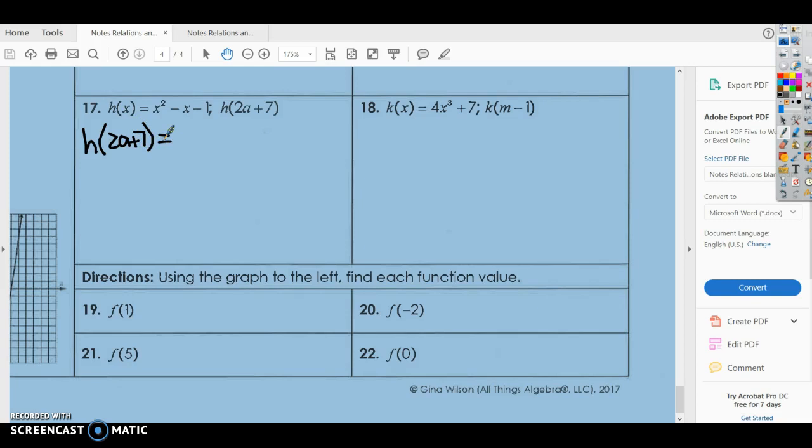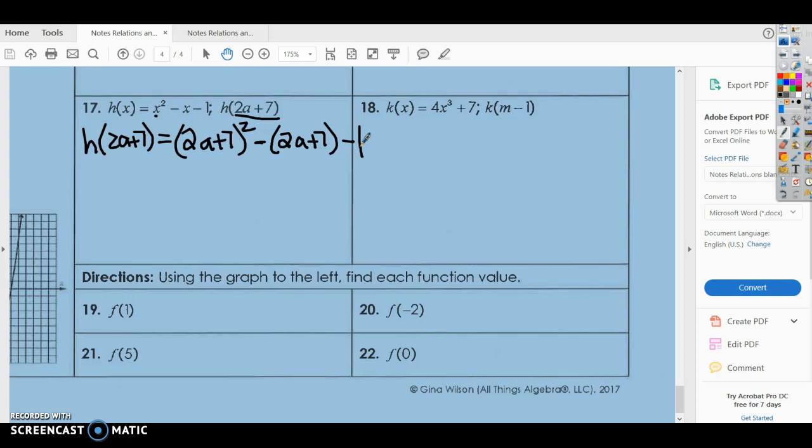So I'm going to put in 2a plus 7 squared. And I'm squaring the whole thing because x is squared and now this whole thing is x. And then I'm going to have minus, and the minus is outside the parentheses, but I still have 2a plus 7 because my x is negative. The negative goes around the whole x, so that's why it goes outside the parentheses, and then minus 1.